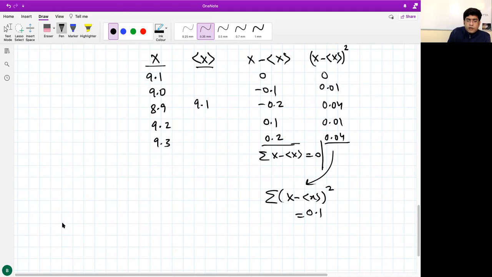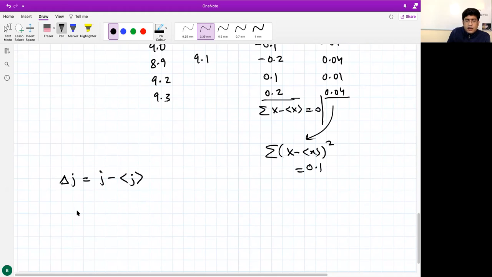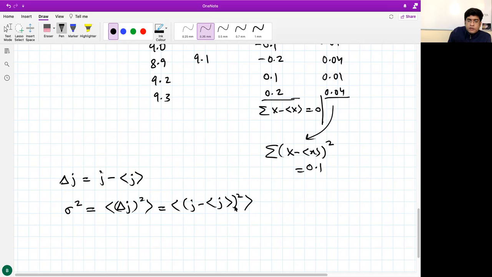Now let's define this quantity: delta j is equal to j minus j mean. All right. And let's define sigma square, the mean of delta j whole square, which is the mean of (j minus mean) whole square. So this quantity is called variance.